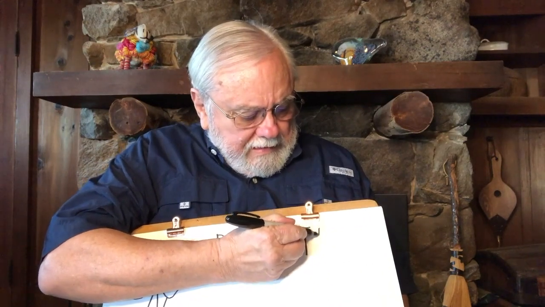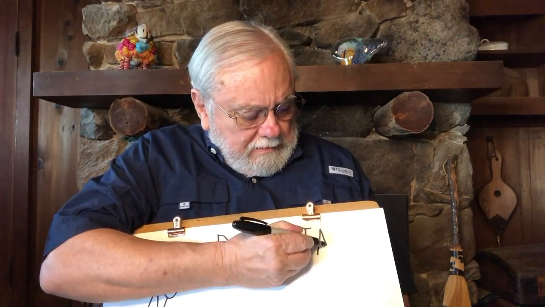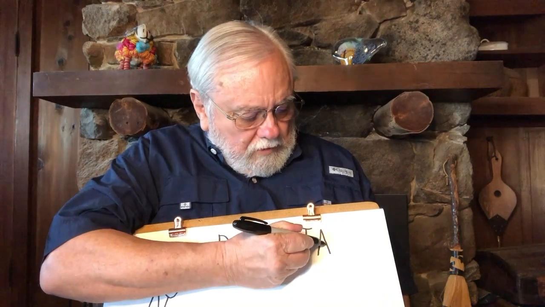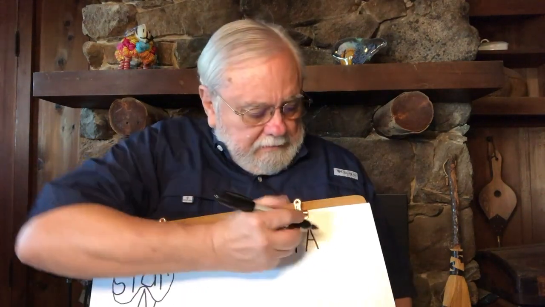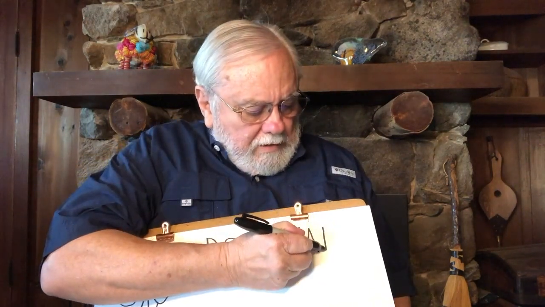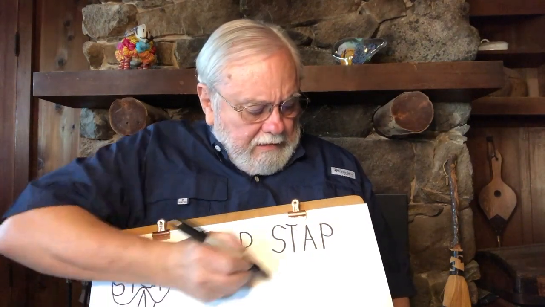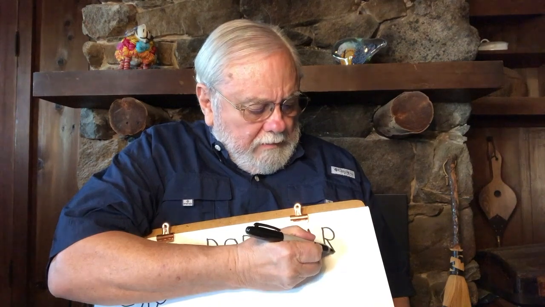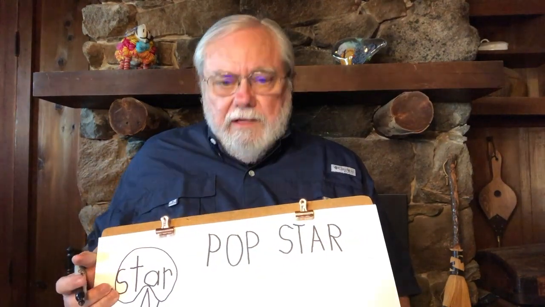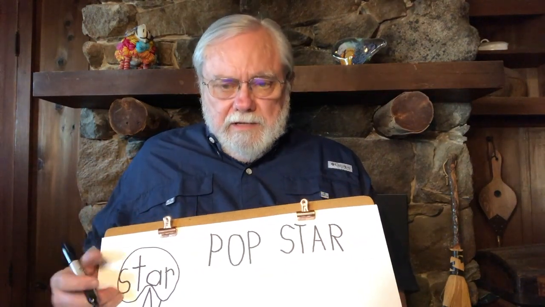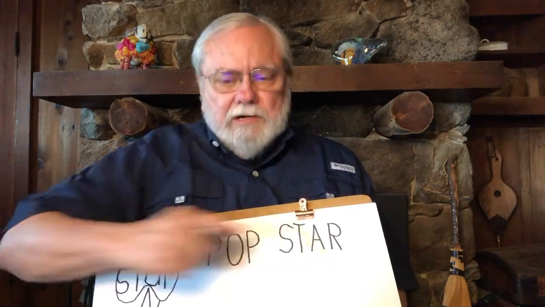So we're going to come down with our angle line. This time we'll cross it in the middle. And then we're going to make a capital R, straight line. Now it looks like a P, but we're going to turn it into an R by putting a straight line down. So if we put all of those together, this is going to say pop star.